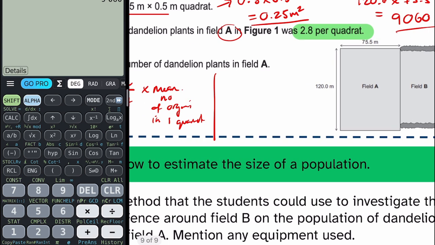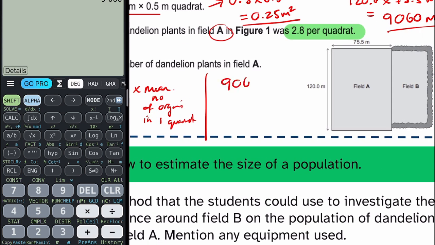So what we need to do is do the area of the sample, so 9060 divided by the area of the quadrat, so 0.25. So 9060 divided by 0.25, which gives us 41181.8 quadrats.